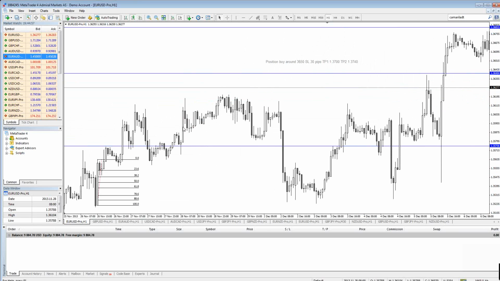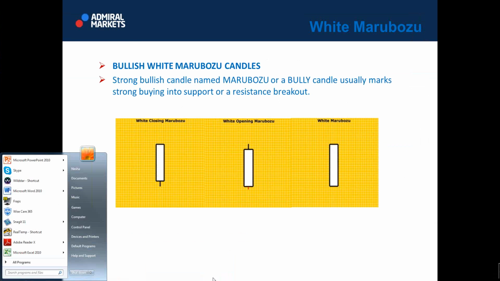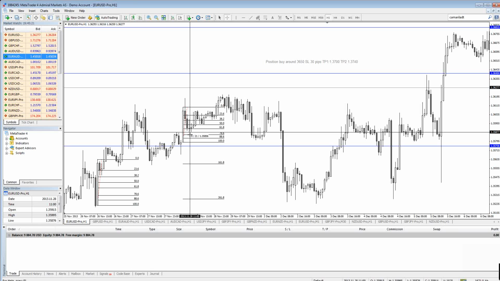What candle is this? Open up again. White opening Marubozu candlestick. Look how good it is. Fibonacci from this point to this point, where the price stopped at 61.8 and a few pips above 78.6. Two pips only.